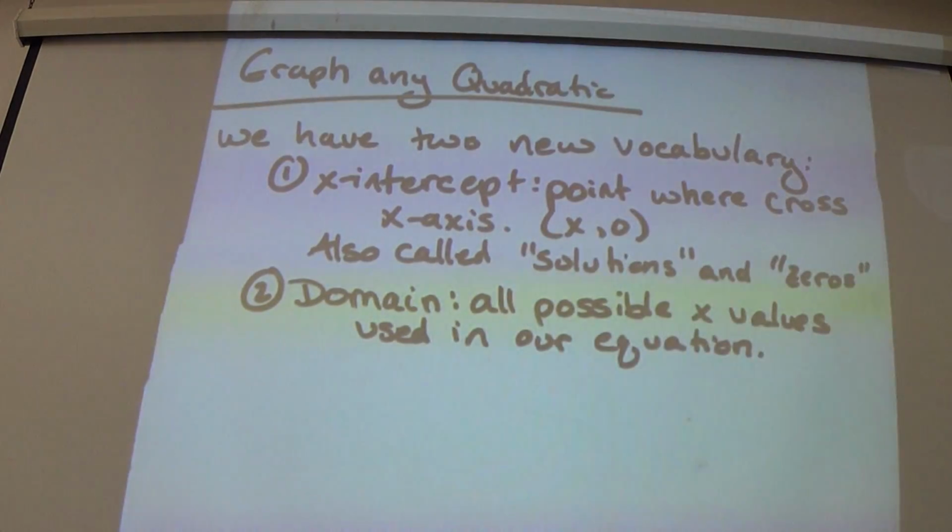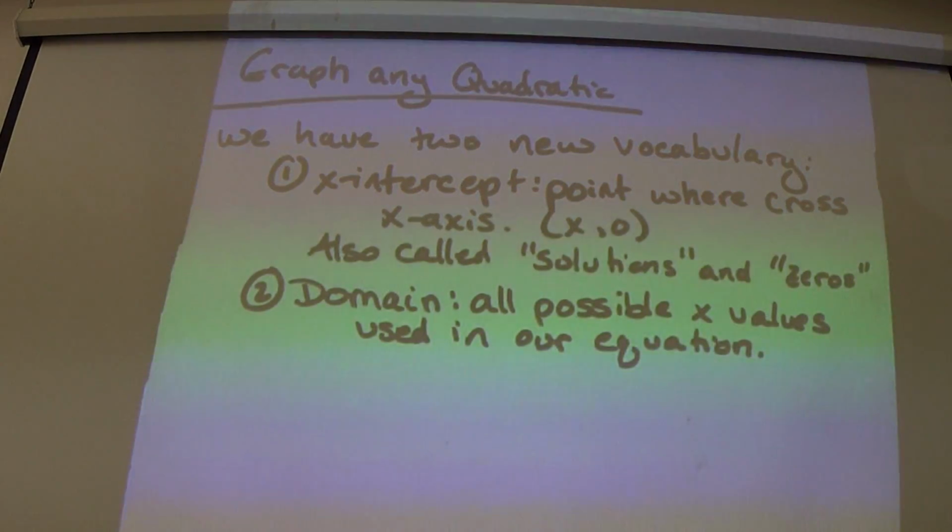So here's my question to you. Do you have anything in mathematics that says you're not allowed to square certain numbers? No, there's nothing that says you can't square something, right? Is there anything in mathematics that says you're not allowed to multiply or add numbers? No, there's nothing that says that either.